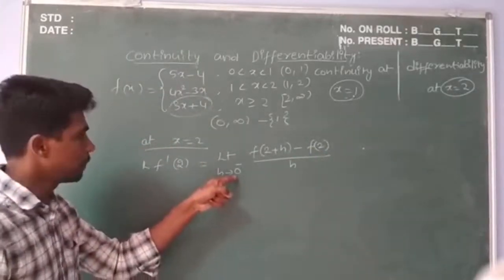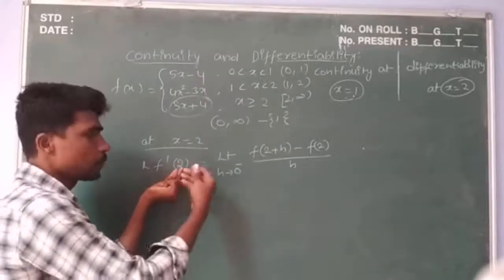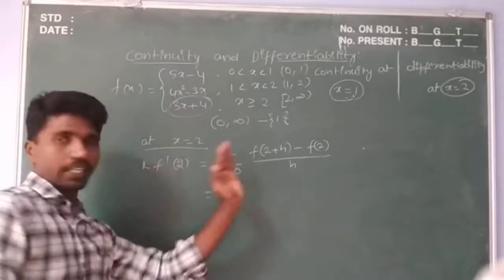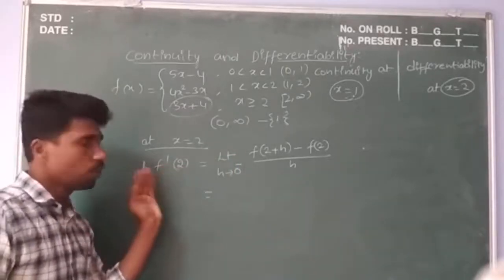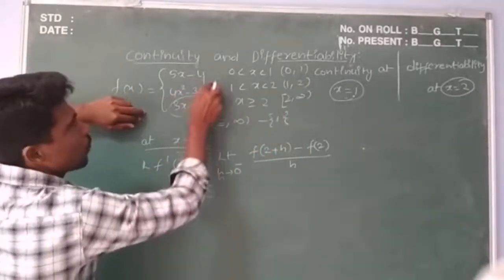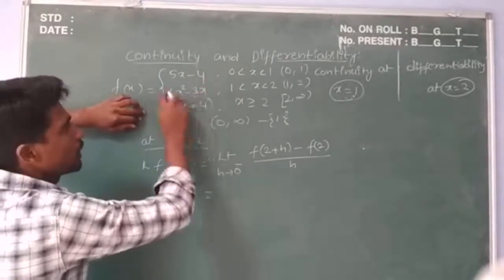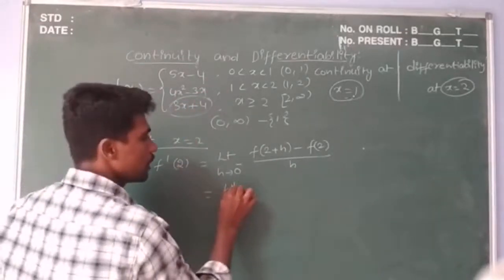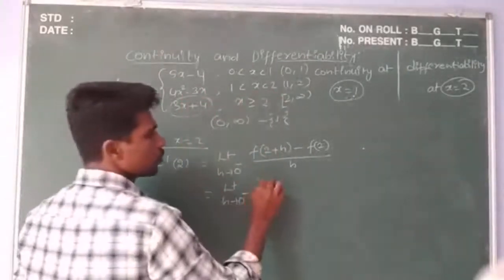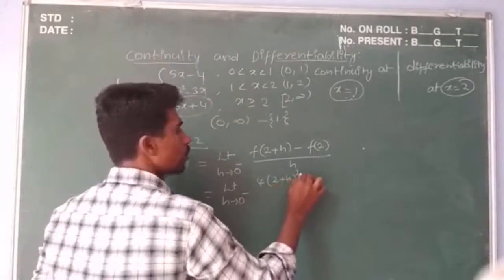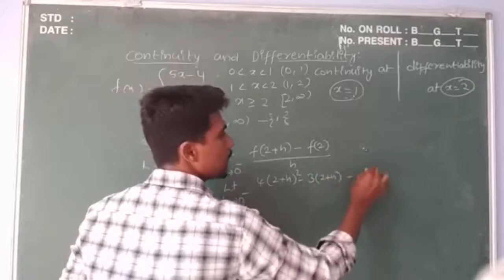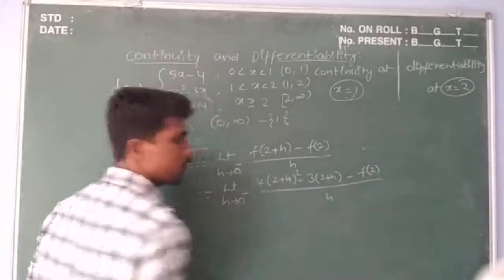Here h tending to 0 minus means the function approaches 2 from the left side, and the function defined at 2 from the left side is 4x square minus 3x. So it equals limit h tending to 0 minus 4 into (2 plus h) whole square minus 3 into (2 plus h) minus f of 2, whole divided by h.